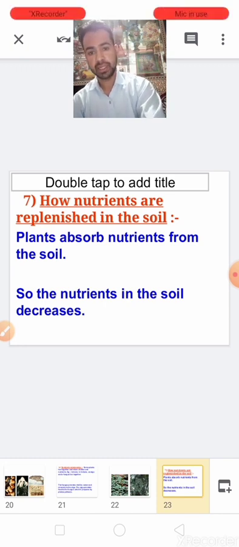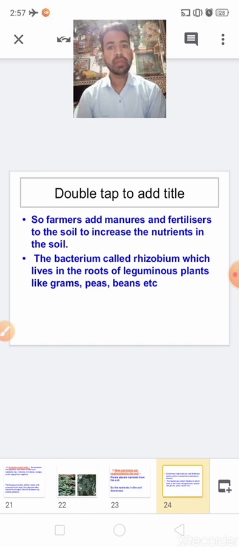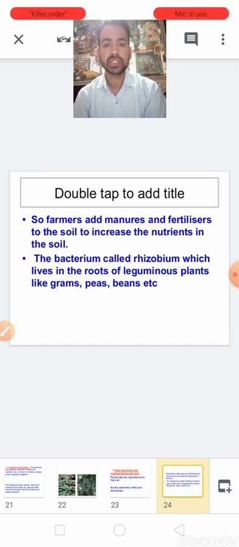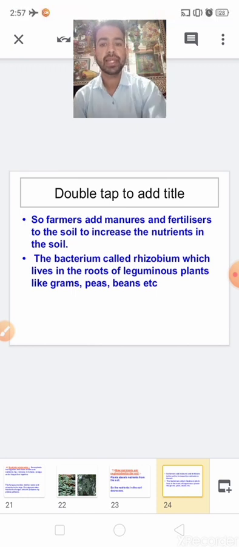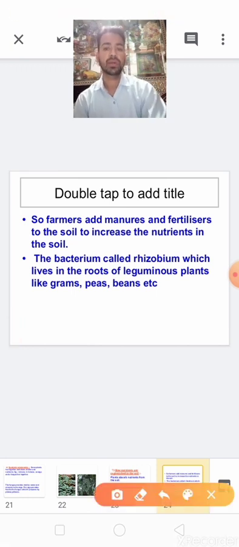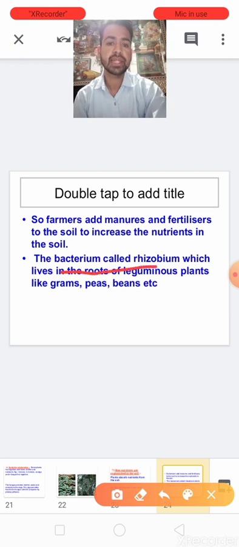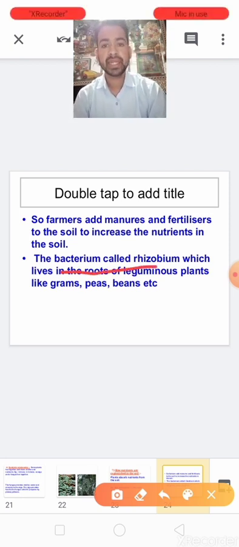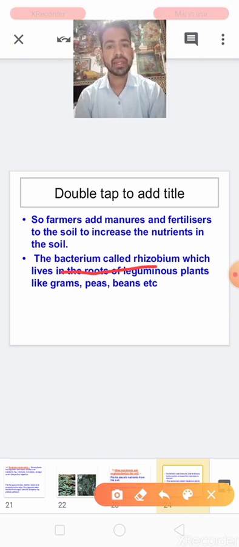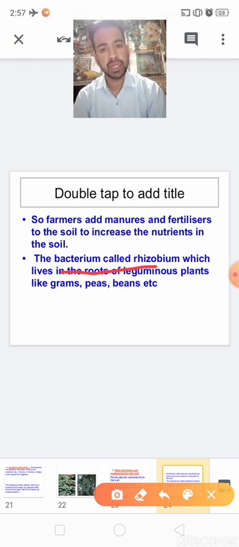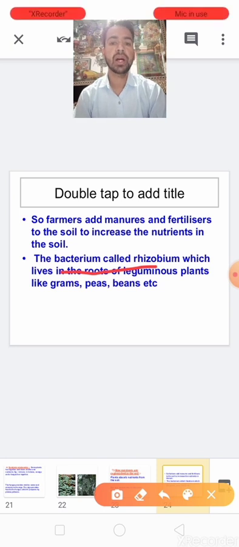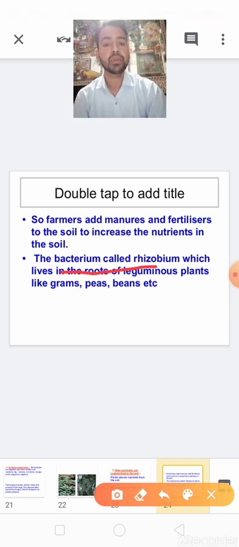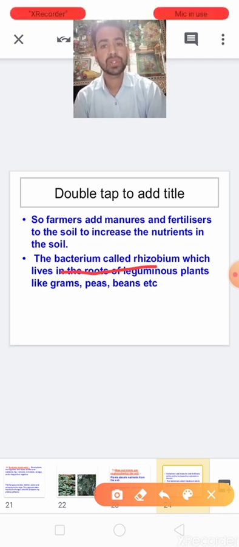Okay, we'll discuss here. There are two methods to restore the nutrients in the soil. The first one is the natural method, by use of an organism, that is bacteria. Bacteria are found in the soil and in the roots of many leguminous plants like peas, beans and grams.